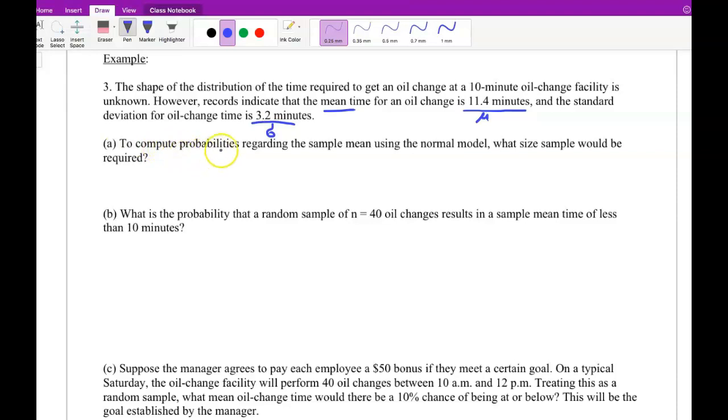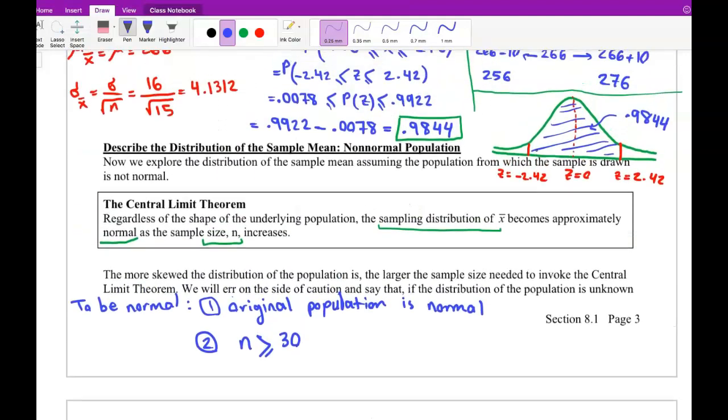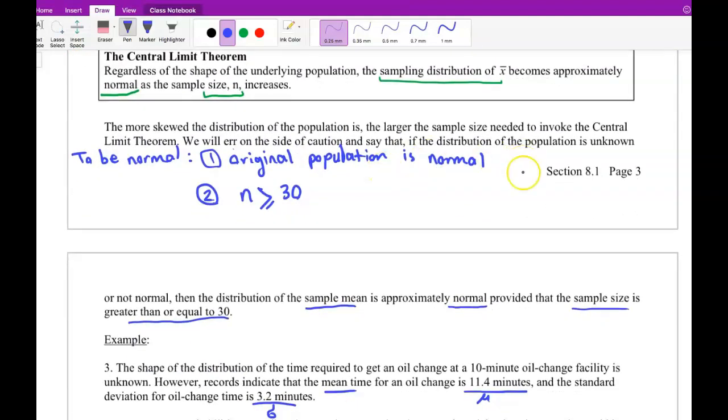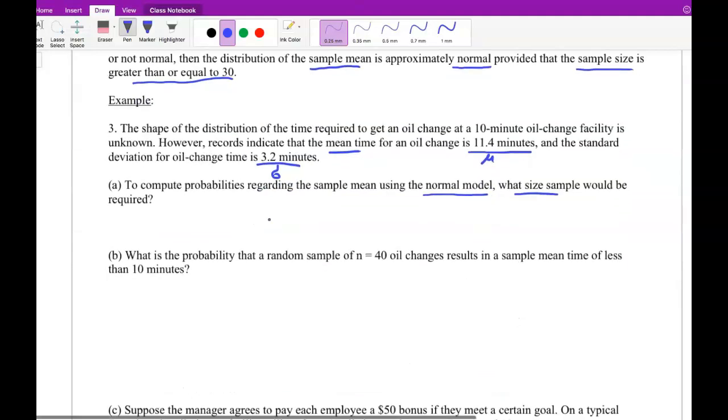Part A: to compute probabilities regarding the sample mean using the normal model, what sample size would be required? On this part, a sample size is not given. So based on what I said on the previous part, since the sample size was not given, if we want to have that part normal, we should have a sample size greater than or equal to 30.